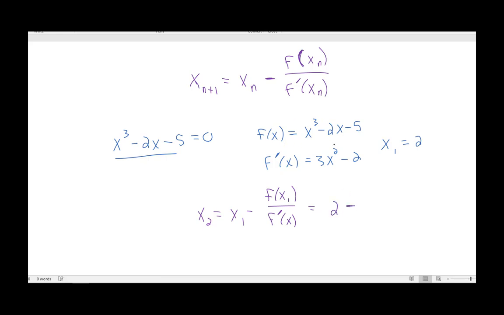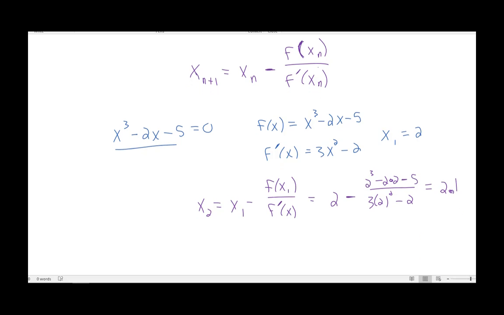And then we have f at 2, so we would have 2 cubed minus 2 times 2 minus 5, and then we would divide by, plugging 2 into my derivative now, that's my denominator, 3 times 2 squared minus 2. Now, if we crunch all of this out, we get a value of 2.1.